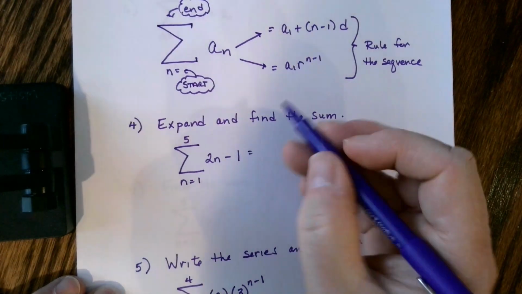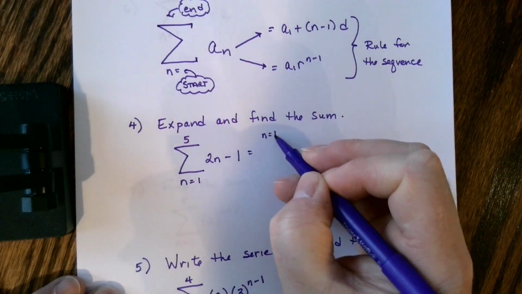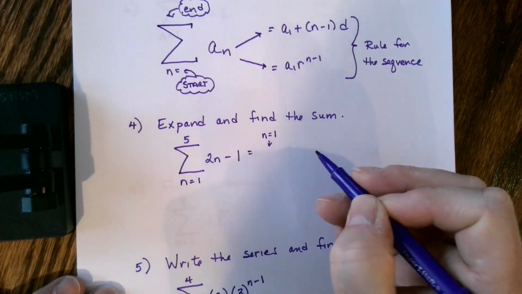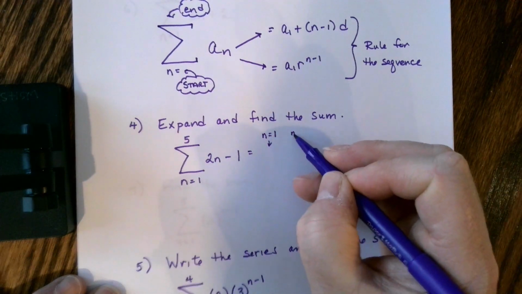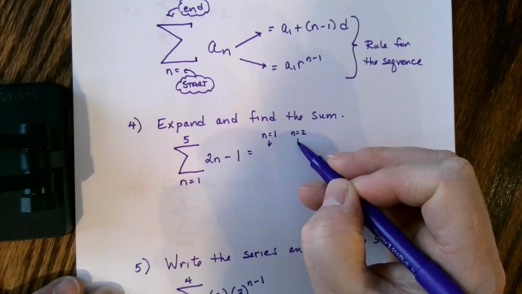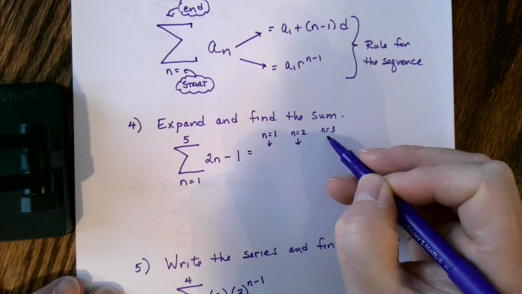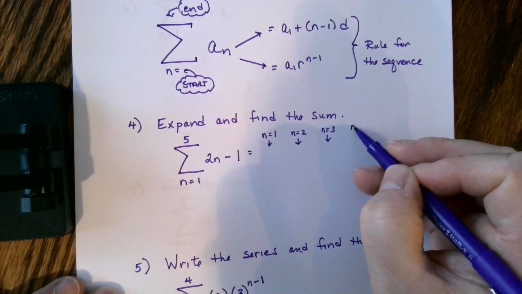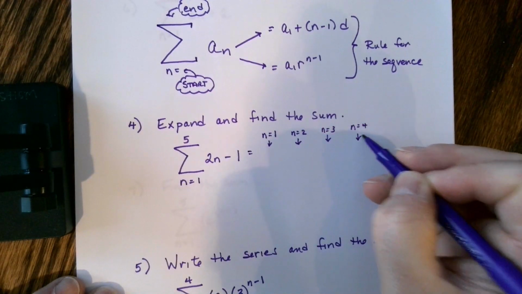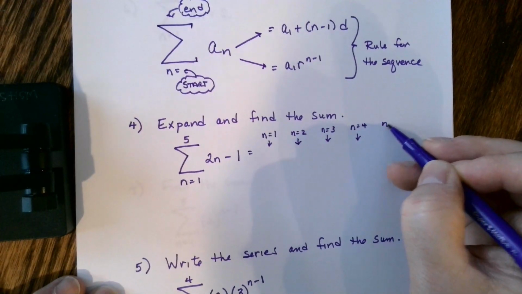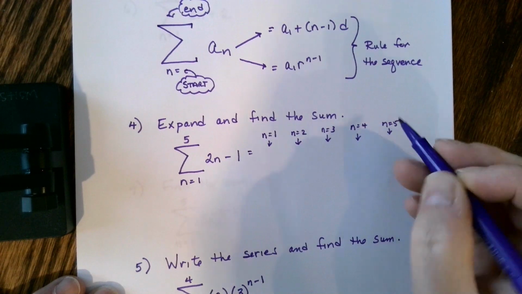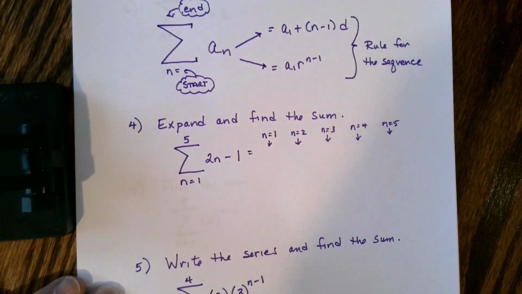We're going to start with n equals 1 and find a value. Then we substitute in n equals 2 and find a value. Then n equals 3, and so forth and so on until we have found 5 values, because that says where we stop.